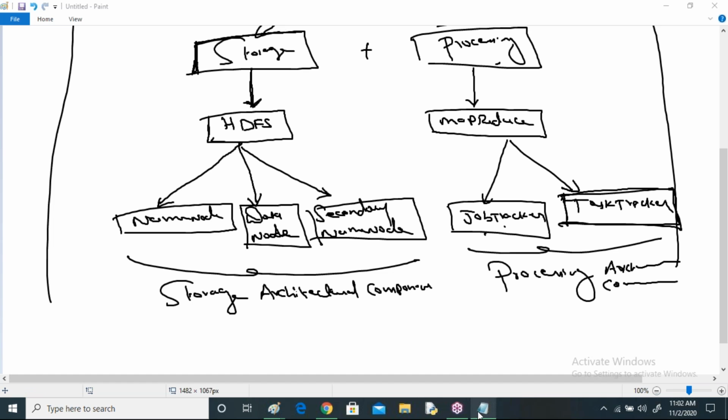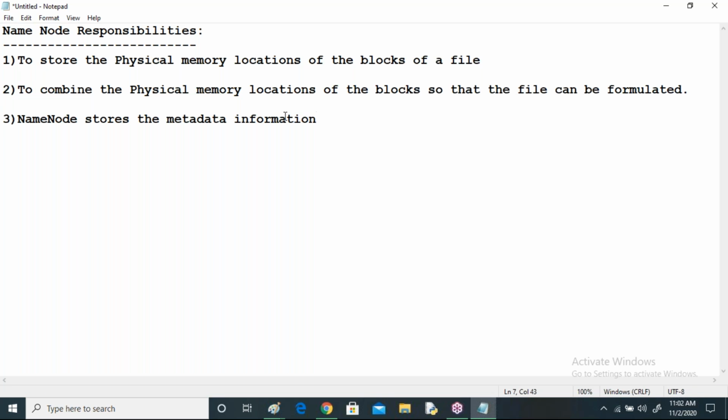Okay. Now coming back. So these three responsibilities: name node stores the metadata information. Data node responsibilities means only one responsibility: to store the data blocks.